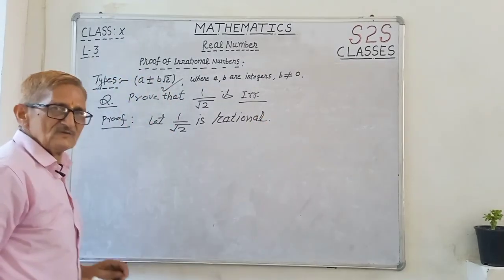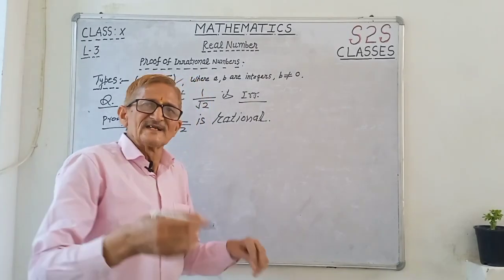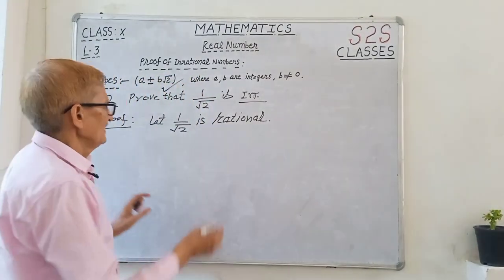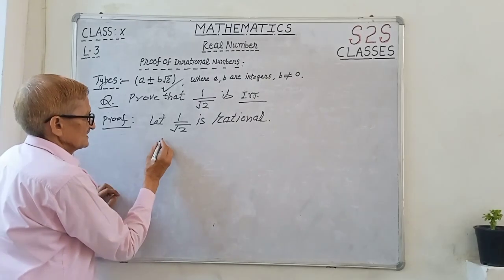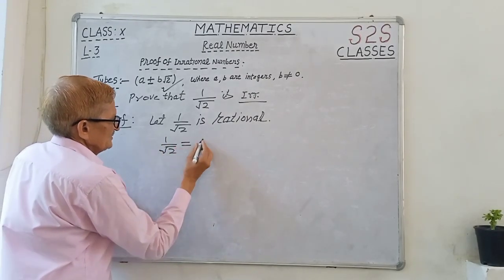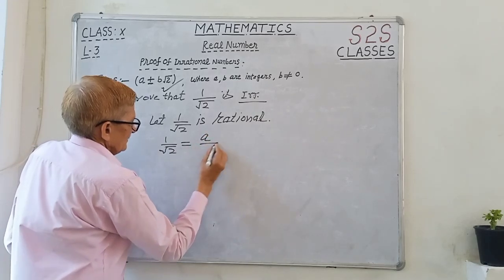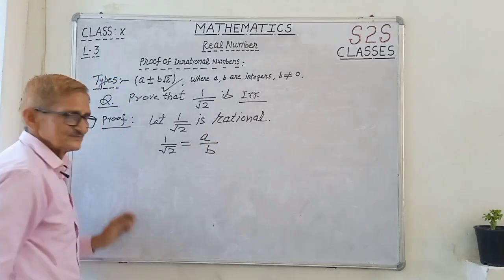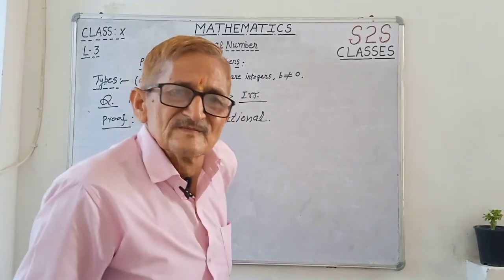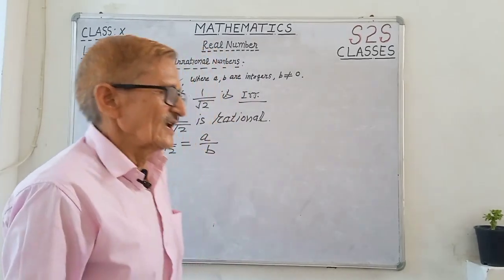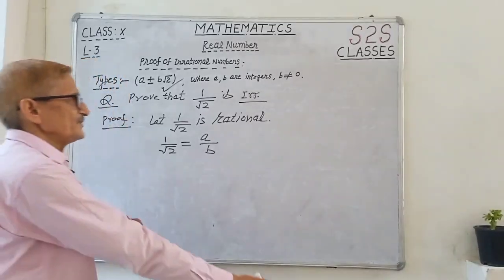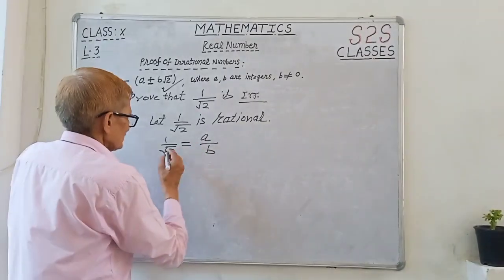Now if it is rational then it will be written in a/b form. So 1/√2 is equal to a/b. Clear this? Now here also the same thing. √2 you can keep on one side purely, then cross multiply.